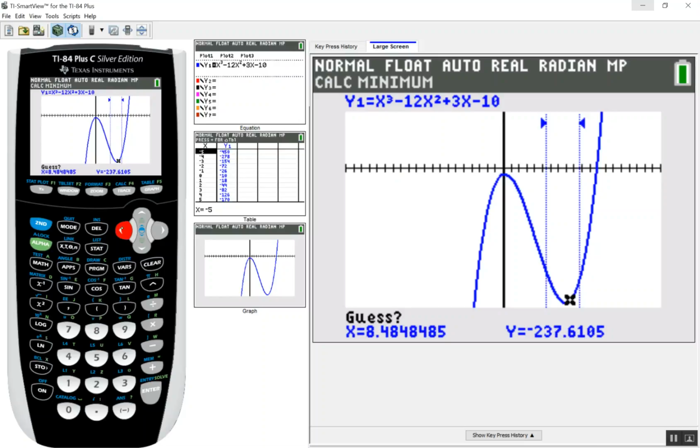This computer was being weird for a second. So we'll say it's right there. And the minimum is at 7.87, and it's approximately negative 242.18. So that's how you find local mins and maxes on the TI-84.